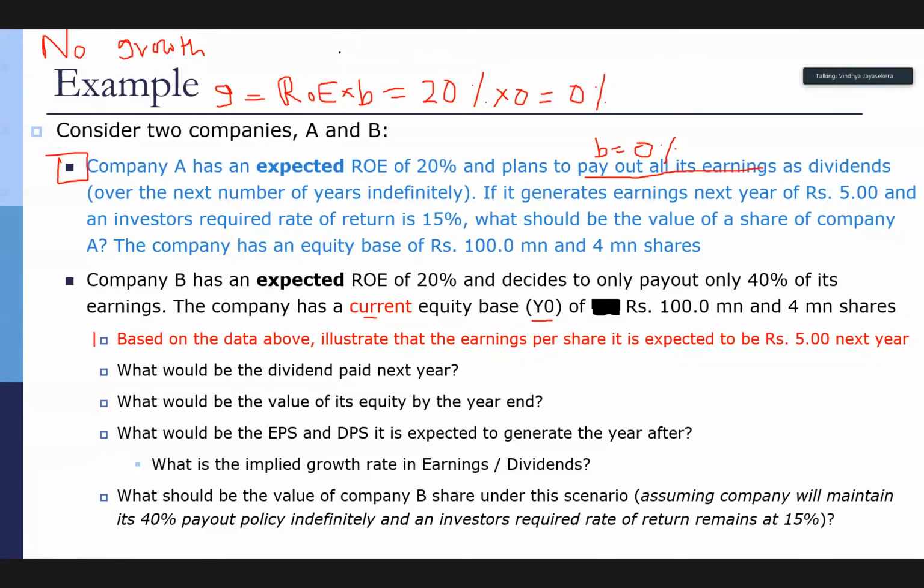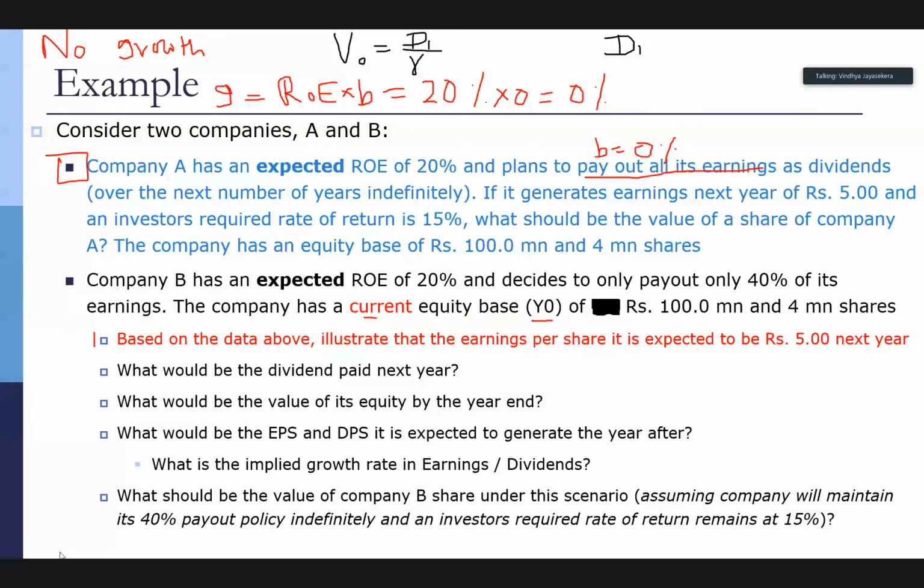No growth model says the value of the company is equal to dividends divided by R. Or if I use the Gordon growth model, next year's dividends divided by R, right? If I use the Gordon growth model, it says value of the company is equal to D0 into 1 plus G, or we'll use D1 straight away.